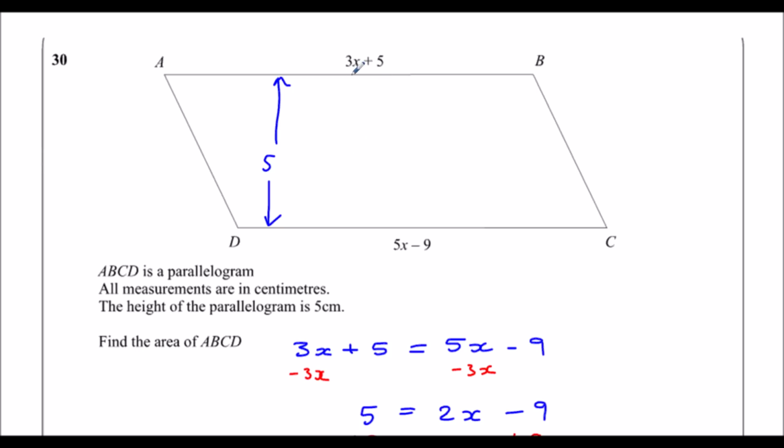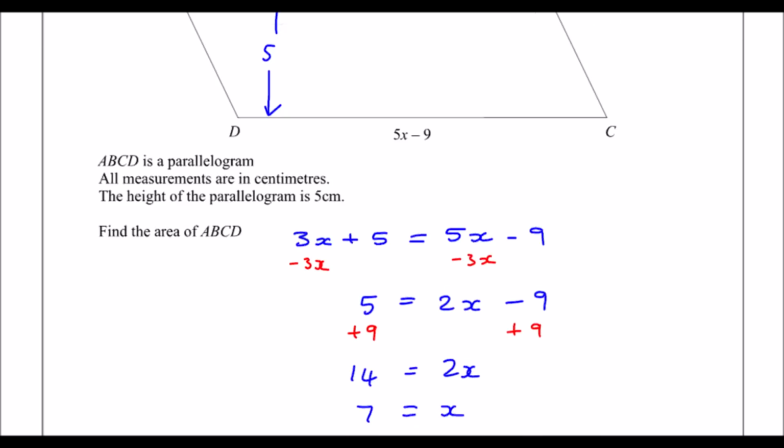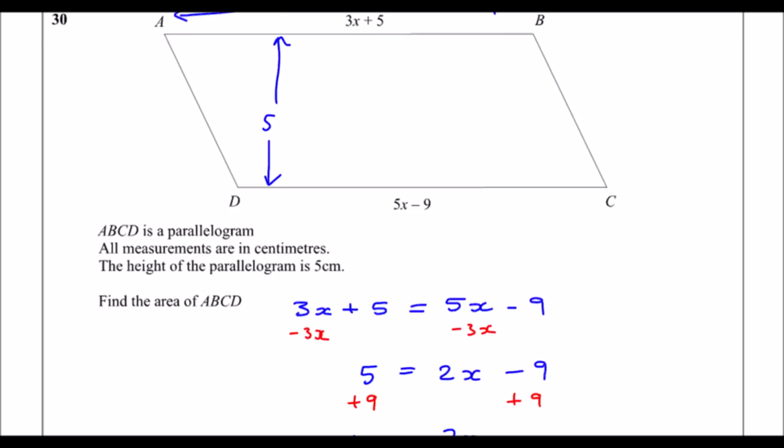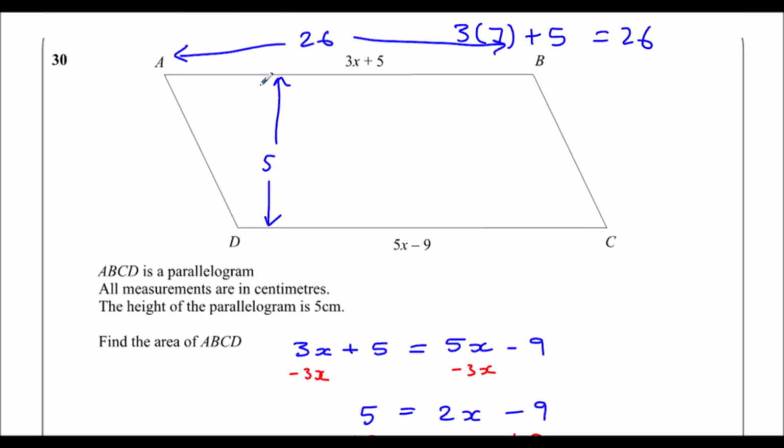So what's the length? Well, the length is 3x plus 5. So 3 times 7 plus 5. 3 sevens are 21, plus 5 is 26. So this is 26. We want the area. So the area of a parallelogram is just the length times the height.